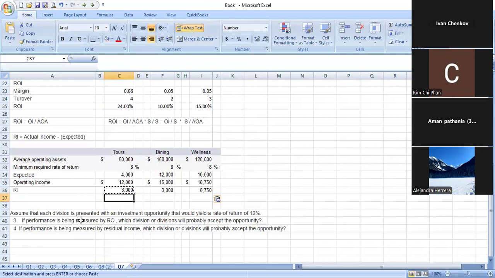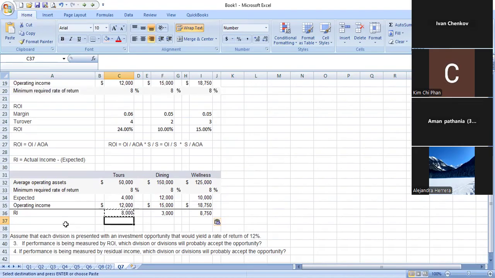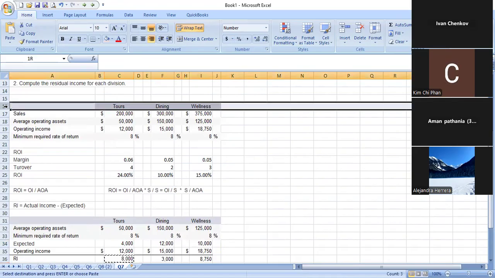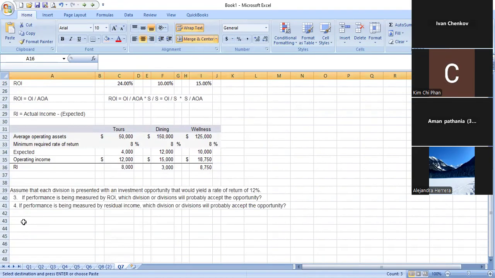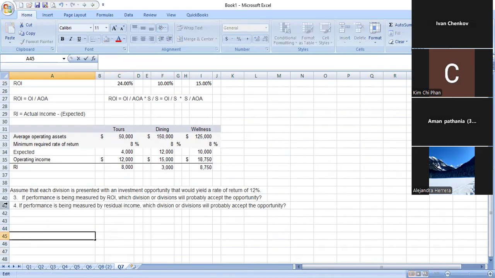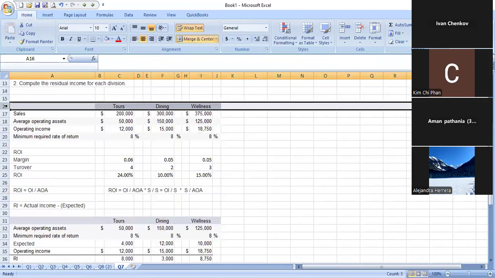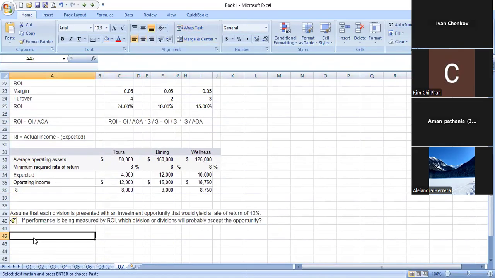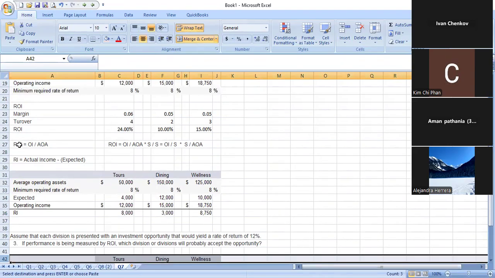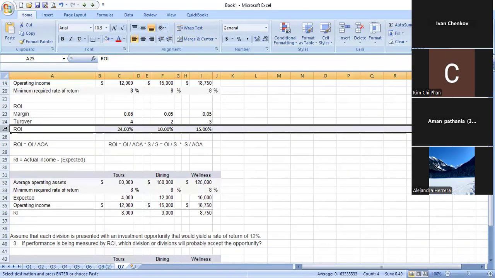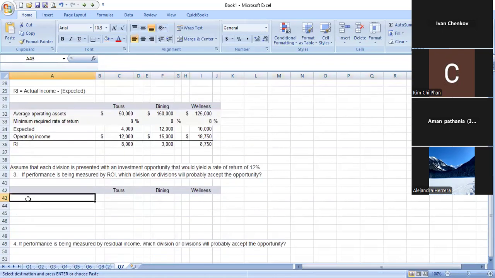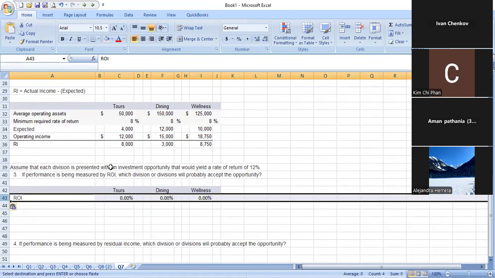If the performance of the division is measured by return on investment, which division will probably accept the offer? So let's see now. What's the return? What are the divisions? Actually, before I do that, let's put some space here. Let's get those divisions and put them here. And let's get the return on investment that they currently have, that we calculated.